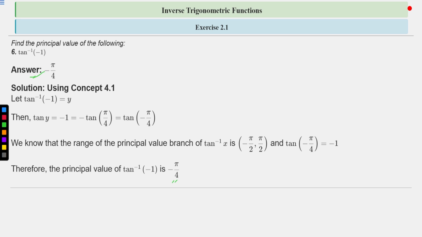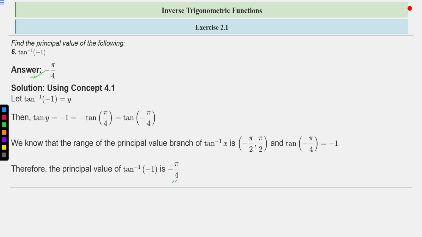Therefore we have taken minus pi by 2 to pi by 2 for tan inverse, to make it 1-1 and onto, right? Clear?